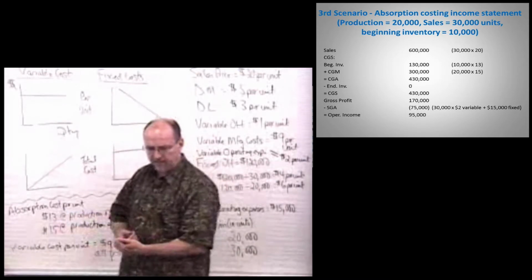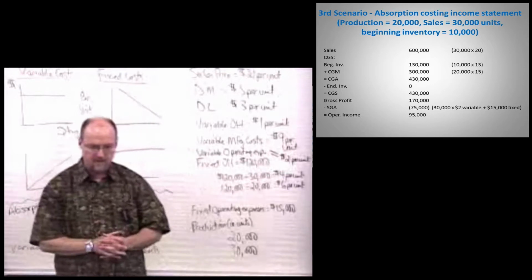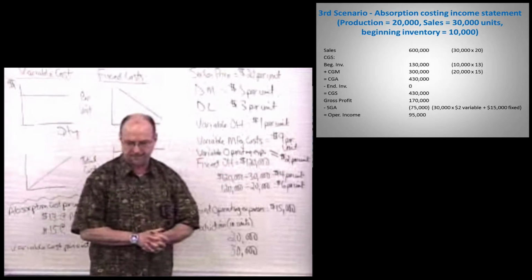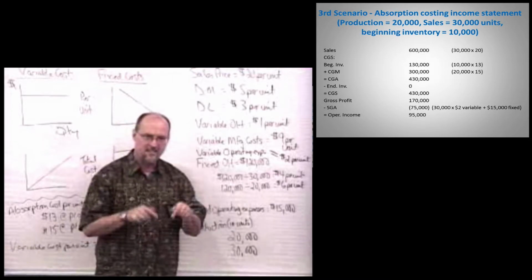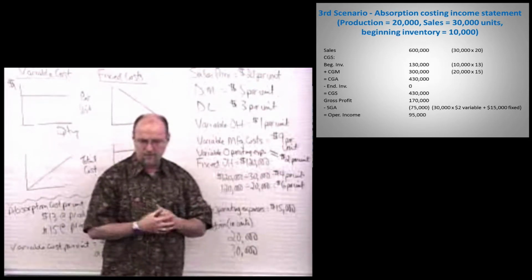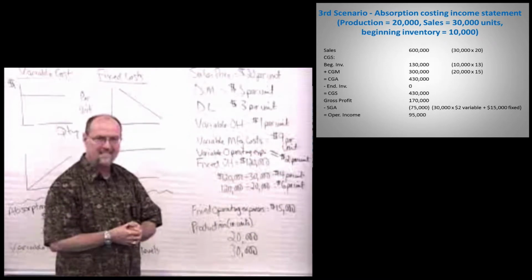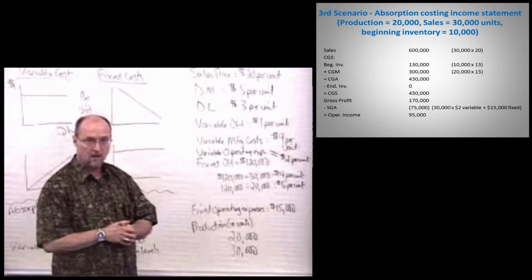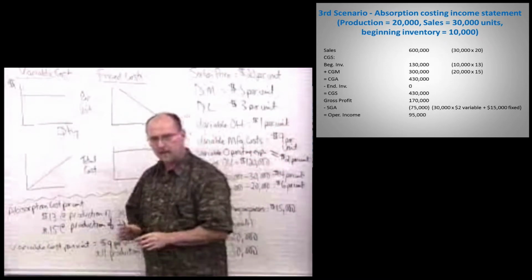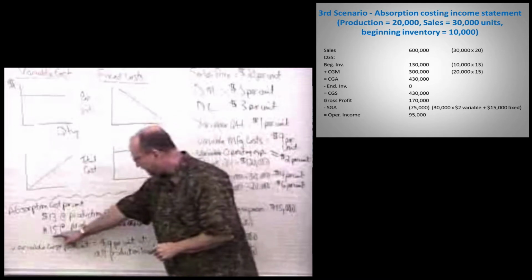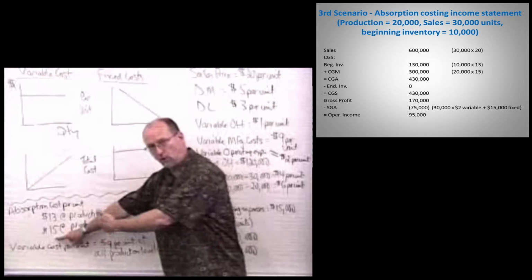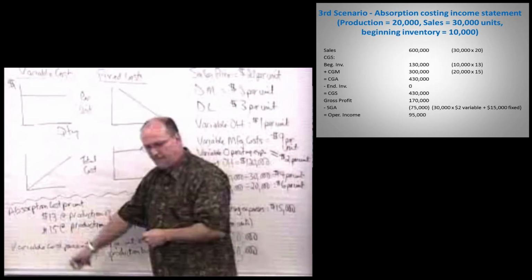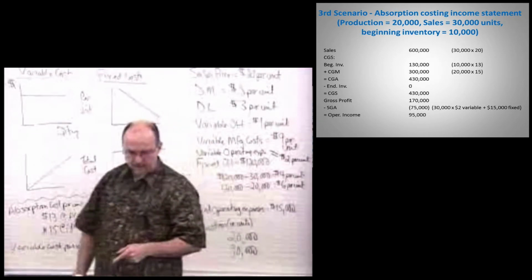Okay, so my beginning inventory is worth $130,000. 10 times 13. My cost of goods manufactured this period is $300,000. I produced 20,000 units. Under absorption costing, the cost to produce each unit is $15 per unit because I produced fewer units, more fixed overhead in the cost per unit. 20 times 15 is 300,000.